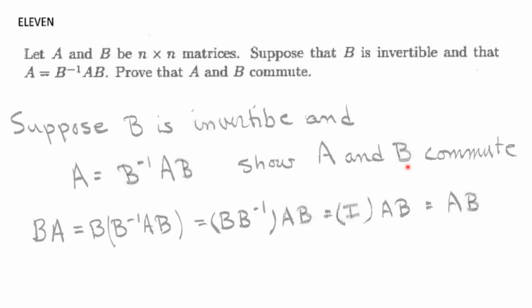We want to show A and B commute, that is, we want to show BA is equal to AB. B times A is B times this expression, because this is what A was. Then we can associate B with B inverse. That gives an identity times AB, and we just get AB. So that is the proof of the assertion.